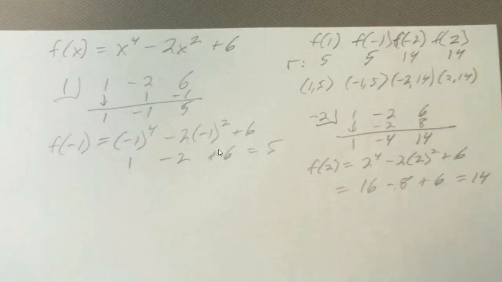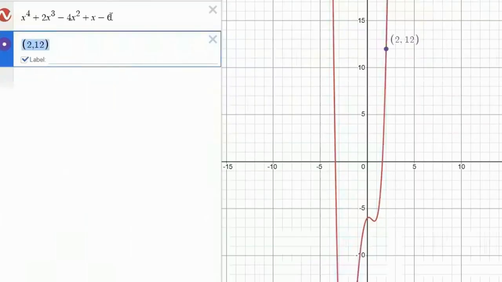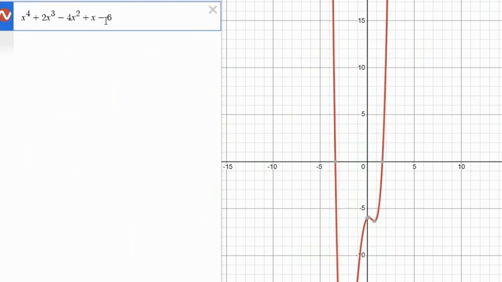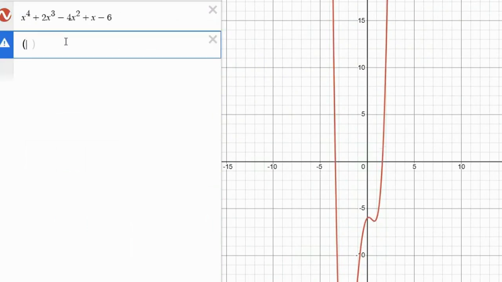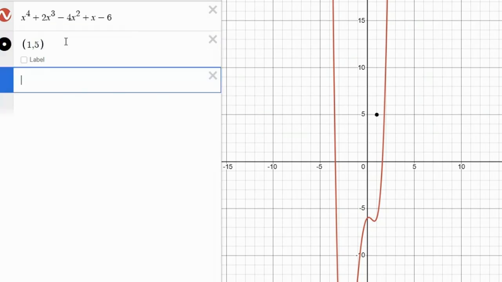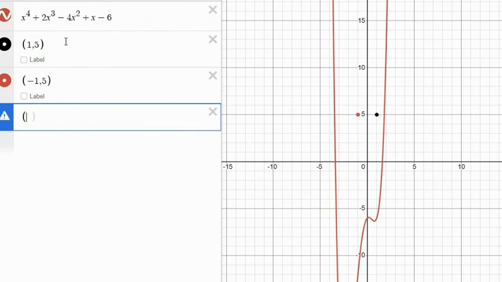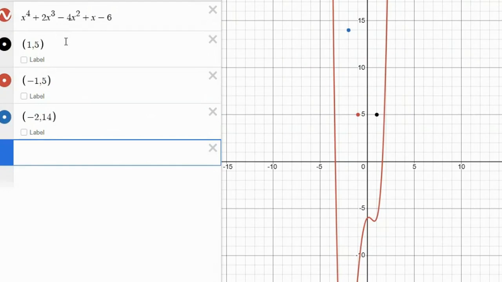Let's graph that and see if that's right. Those remainders of 5 and 14 should tell us that those are points on the graph. Here, I'm going to put the points first and see if it gets there. So we have (1, 5), and we have (-1, 5), and we have (-2, 14), and we have (2, 14).